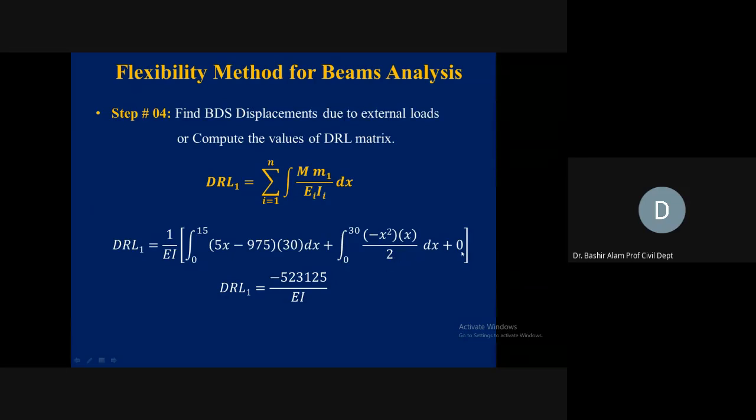Plus, we have the member CD contribution, so there the value of M and M1 was 0 times 0, so 0, that contribution is coming here. DRL1, when we find out this product, integrate this, put the limits and add them up, all the effects, DRL1 is coming minus 523,125 divided by EI.